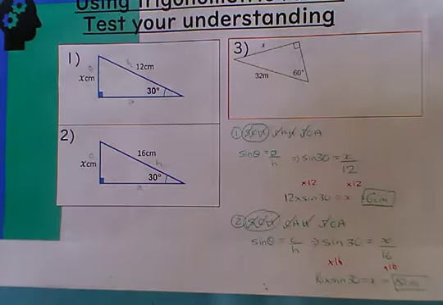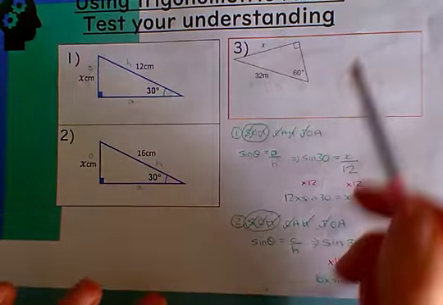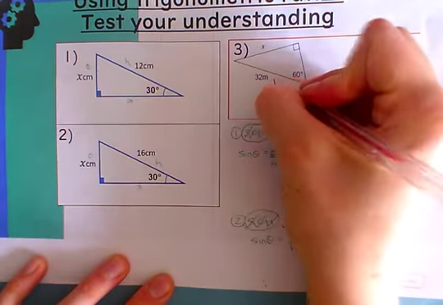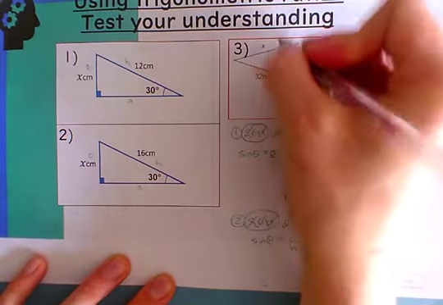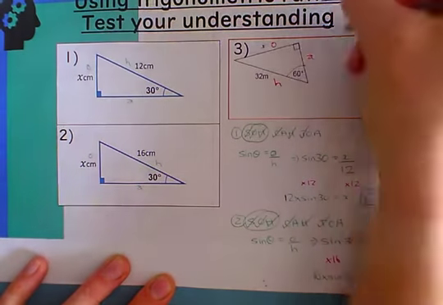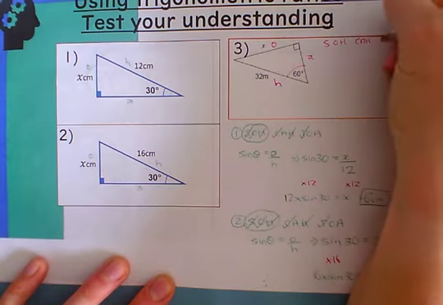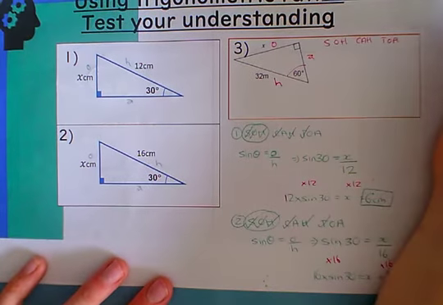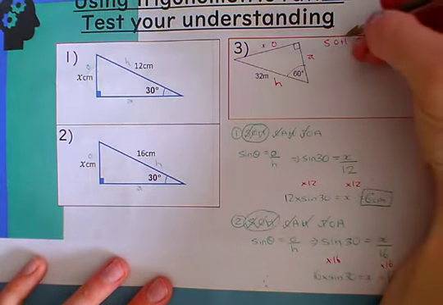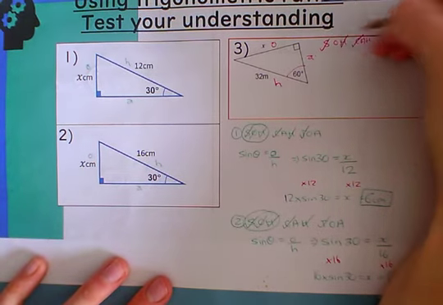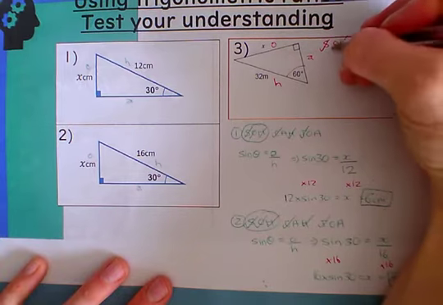Okay, question 3, I'll do in red in the box here. So opposite the right angle is the hypotenuse, opposite the angle here is x, and then here is the adjacent. So writing out SOHCAHTOA, we know the angle, so sine, cos and tan. We know the hypotenuse, and we are looking for the opposite.